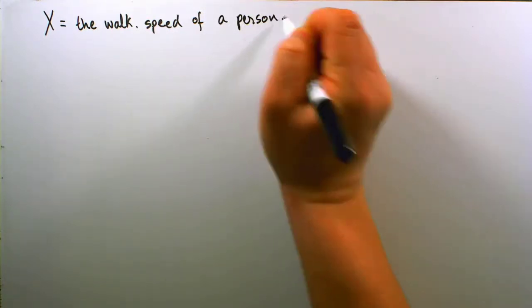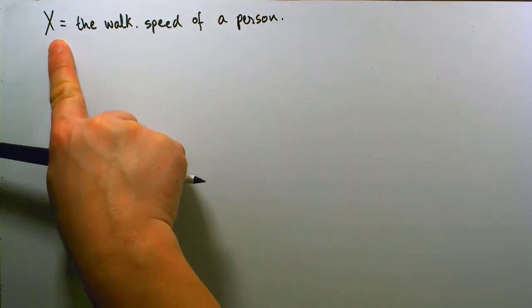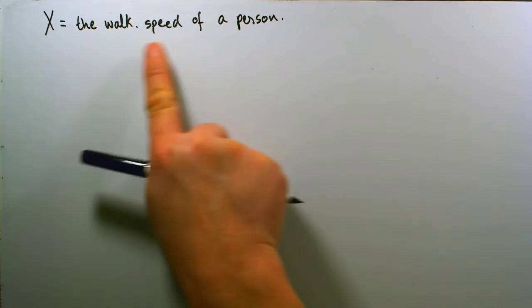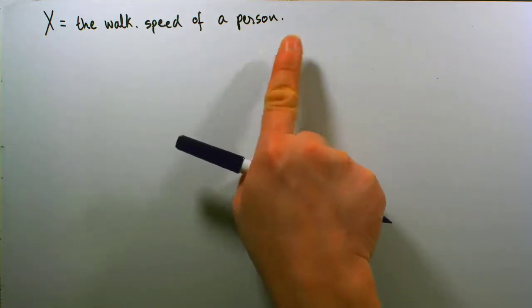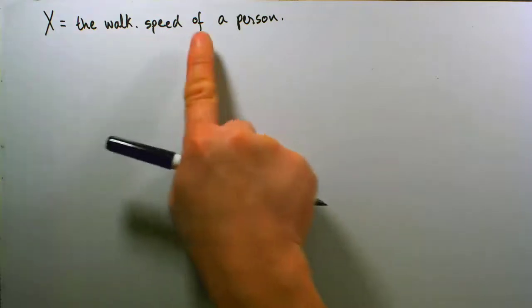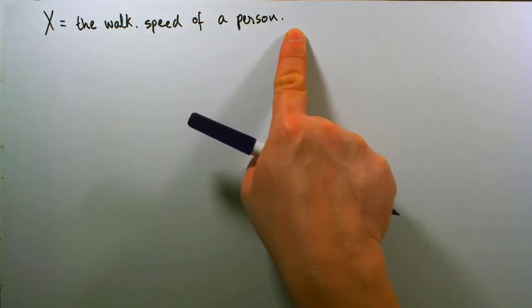So any value represented by this random variable here is the individual speed of one person. And in that way of understanding, what we have here is a population of walking speed.